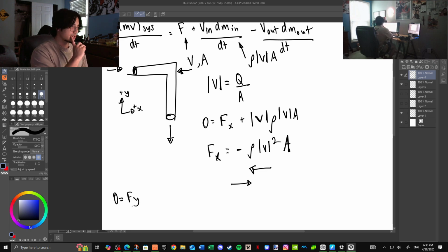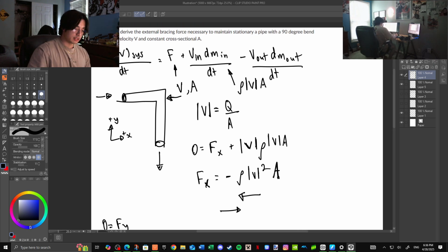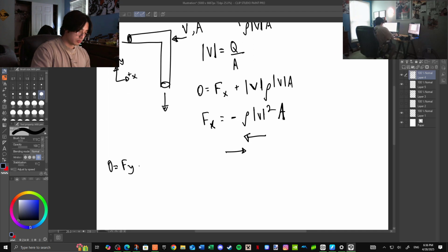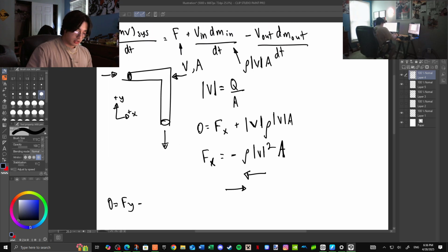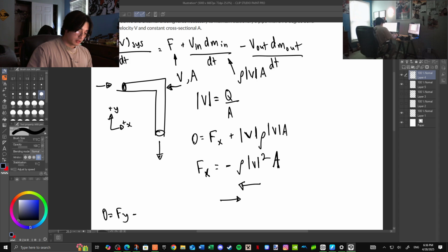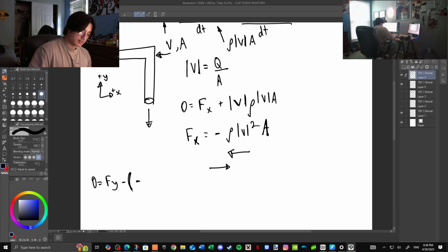And so we need to recognize that this is the momentum leaving the system, so this will be negative. And then the direction of this flow is in the negative y direction, so we're going to place a negative here and write down the same expression as we did for the x direction.